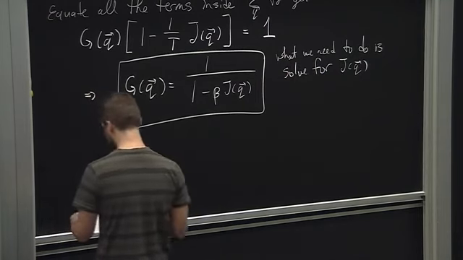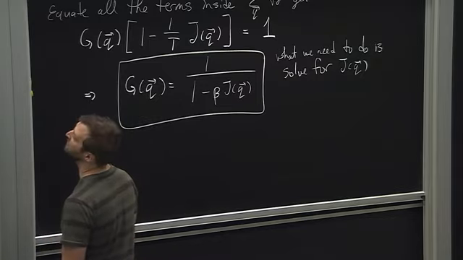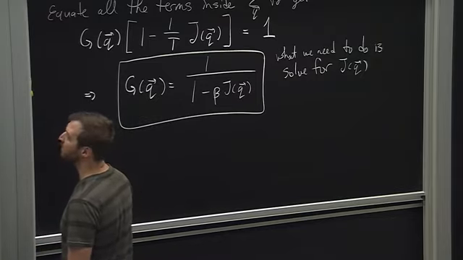So we need, what is this J of Q, where have I defined it?